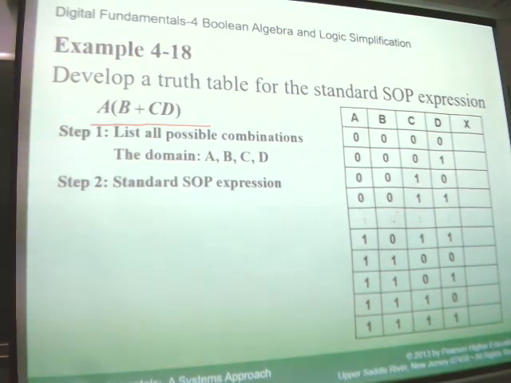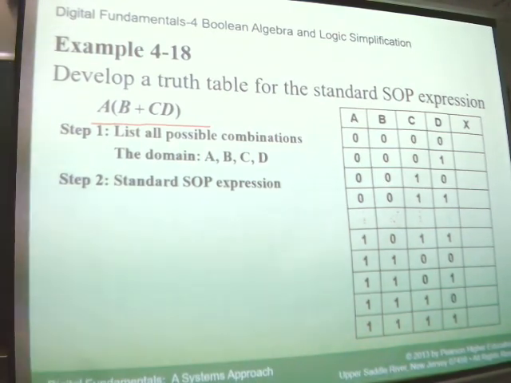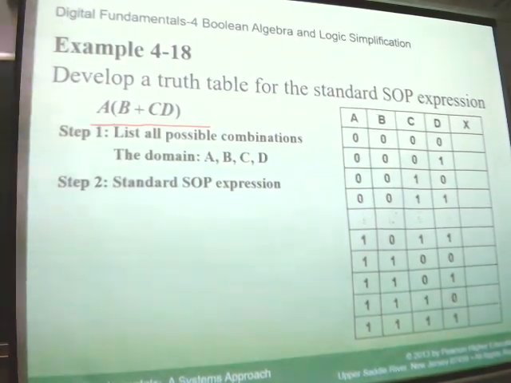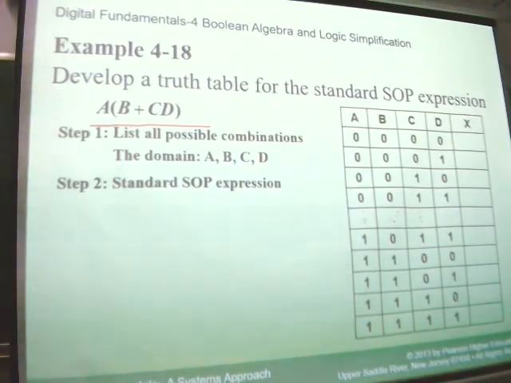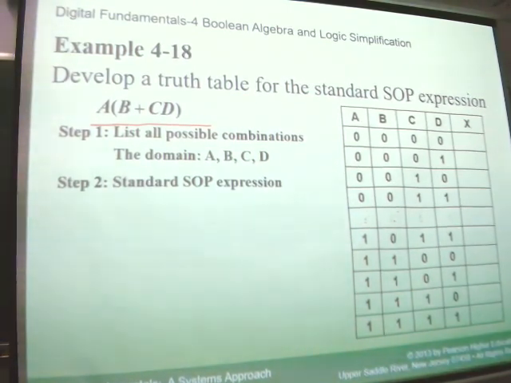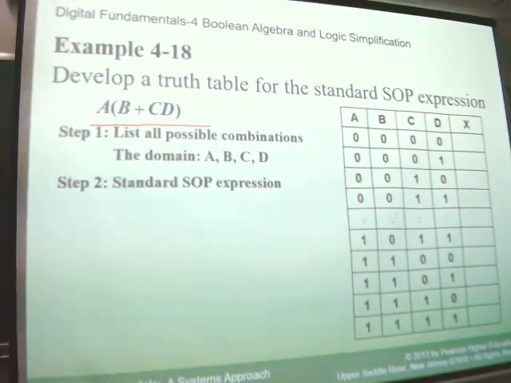And this expression is equal to A, B, C bar, D plus A, B, C bar, D bar.